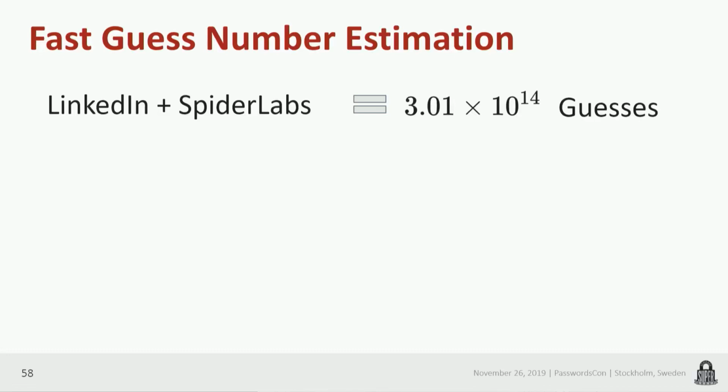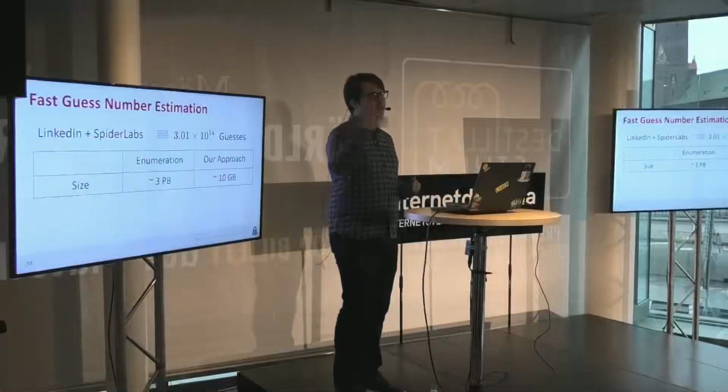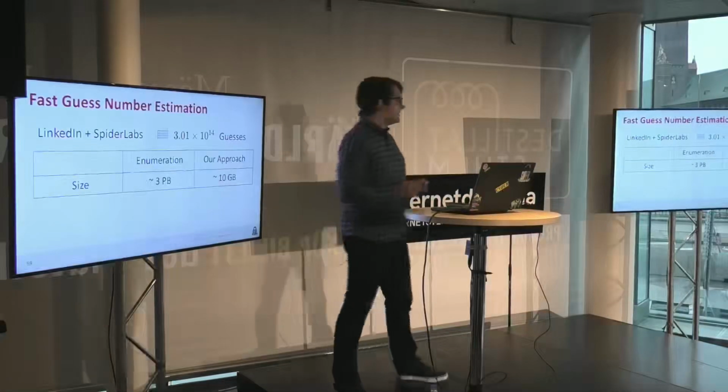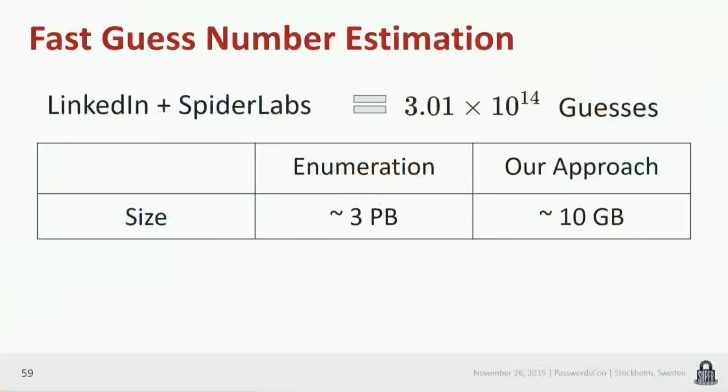This is making 3 times 10 to the 14 guesses, so 300 trillion, right? If you were to try and enumerate this and write it all to disk, uncompressed, writing 300 trillion guesses to disk would take about 3 petabytes. And I don't have 3 petabytes of disk, unfortunately, so we didn't try to do this.